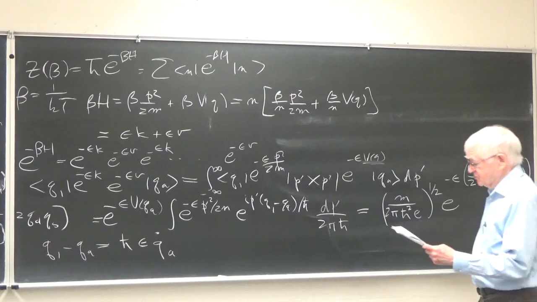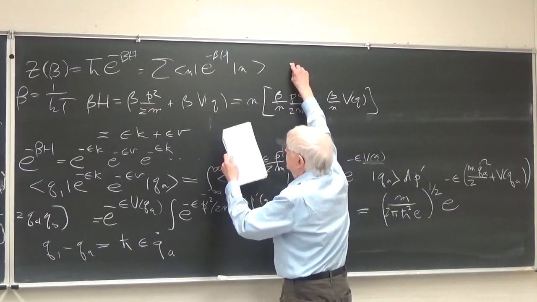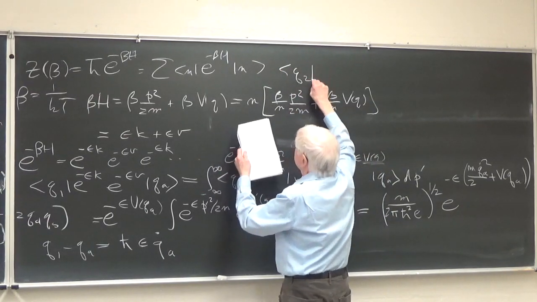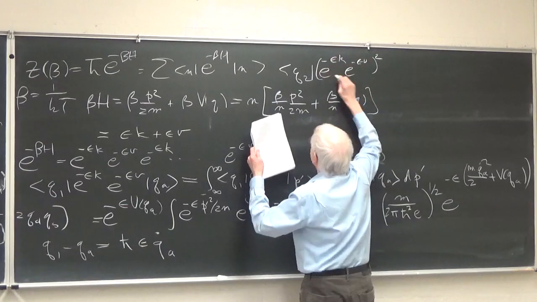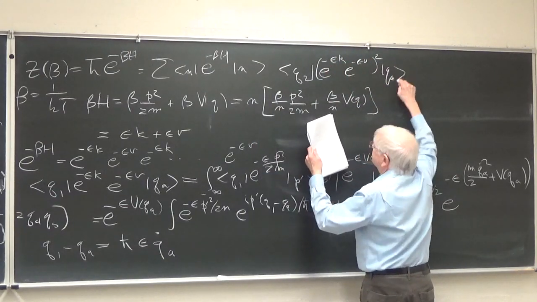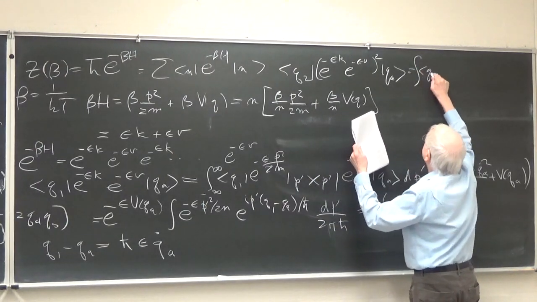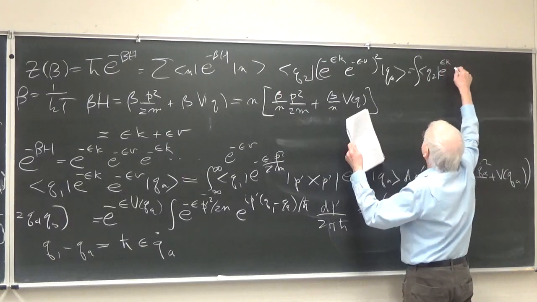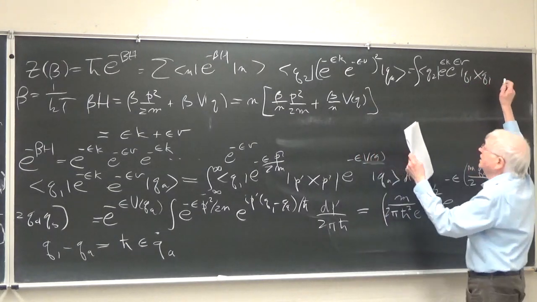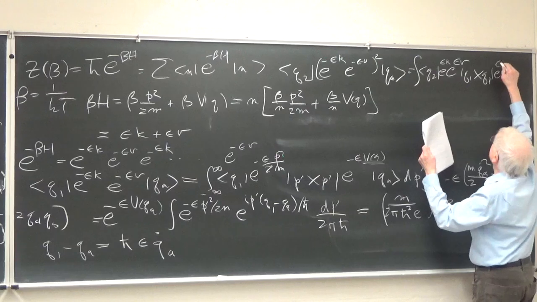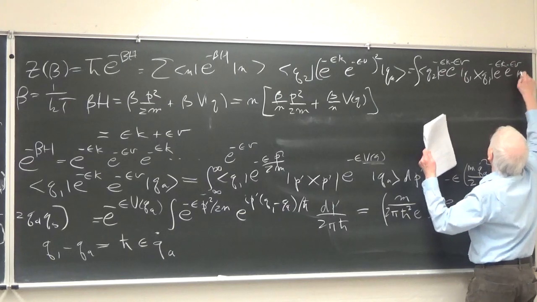So if you put two of these matrix elements together, what you have is, for example, q2 e to the minus epsilon K e to the minus epsilon V squared qa is then an integral of q2 e to the minus epsilon K e to the minus epsilon V q1, times q1 e to the minus epsilon K e to the minus epsilon V qa.